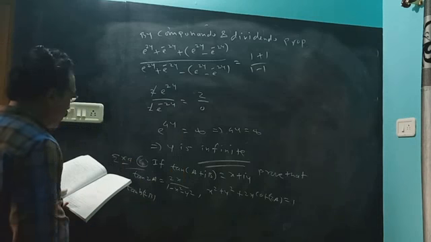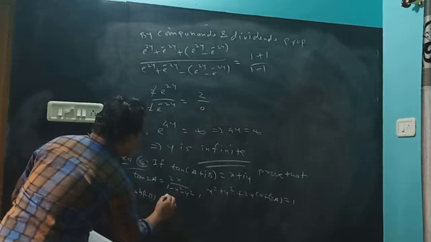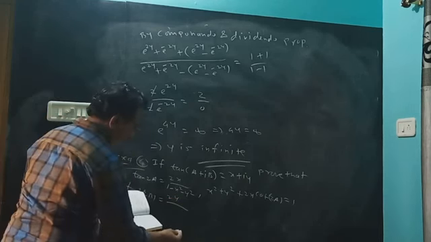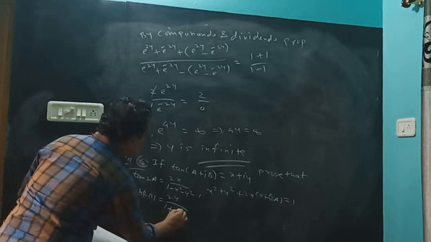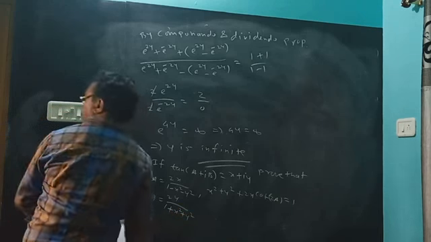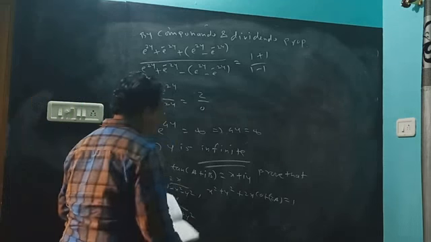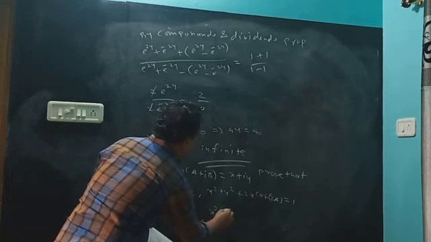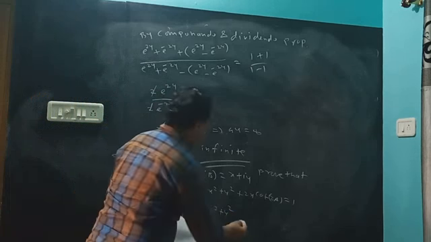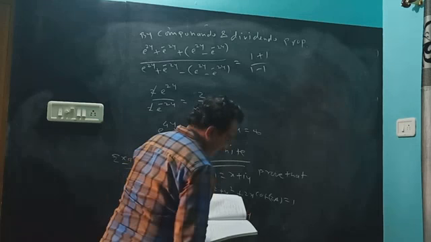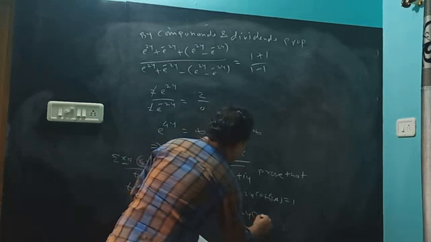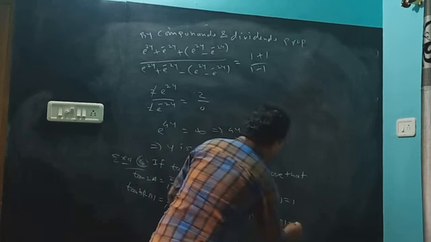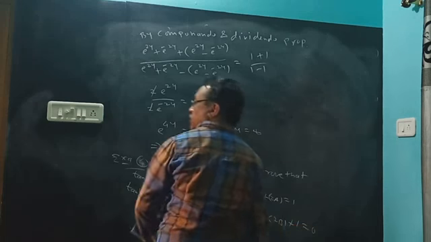So tanh 2b equals to 2y upon 1 plus x square plus y square. And from this result we must get x square plus y square minus twice y coth 2b plus 1 equal to 0.